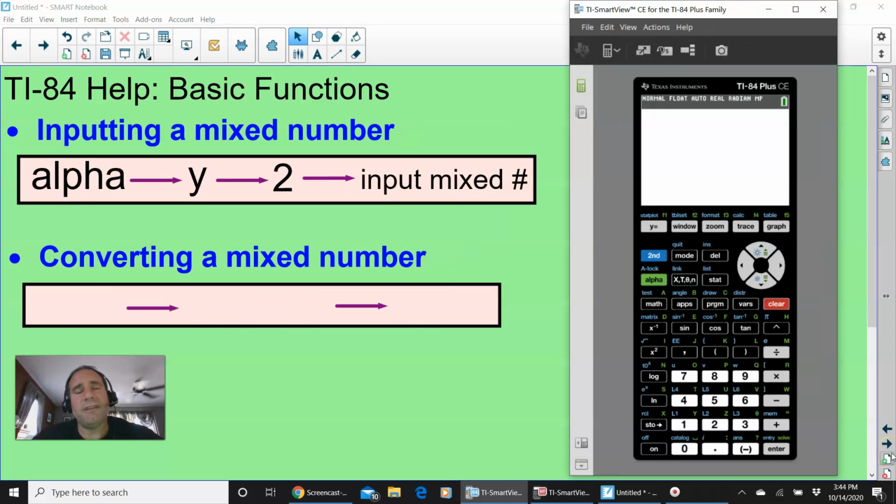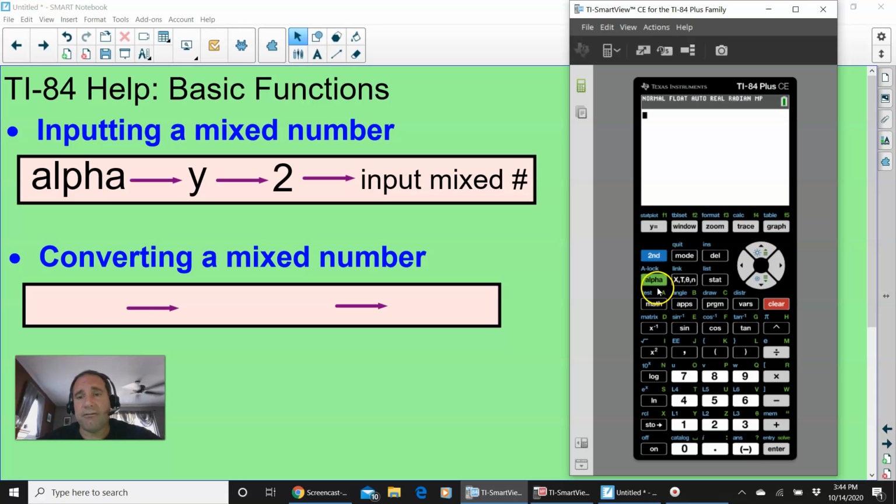All right, one more thing that I wanted to show you about inputting a mixed number, right? And converting a mixed number. So let's talk about inputting that mixed number. So say you have 3 and 1/2, and you want to input that into the calculator. You just don't know how.